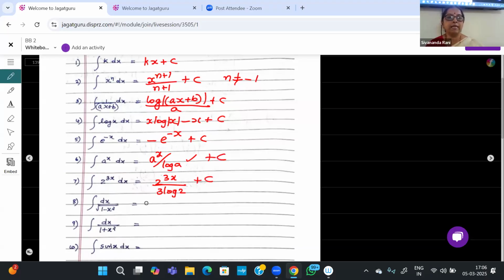This is a popular result, no? Sine inverse. And this is also a popular result, tan inverse. And integral of sine x is minus cos x. Let me know how many of you got these 10 correct.